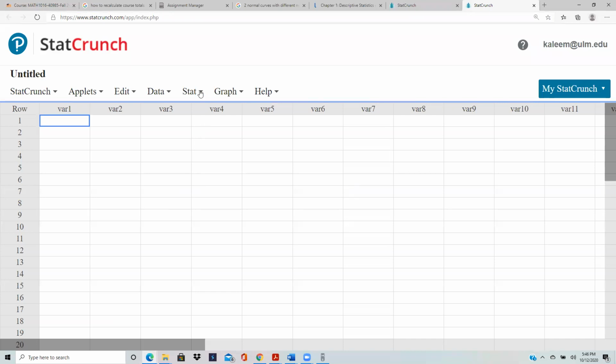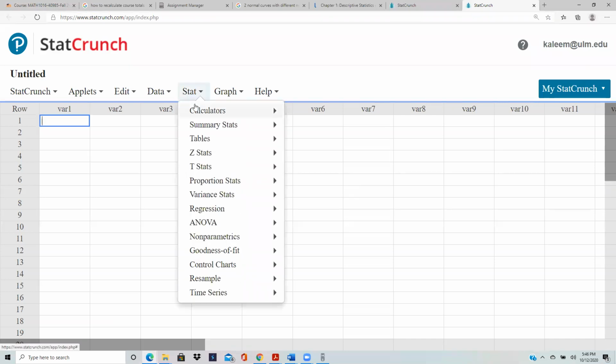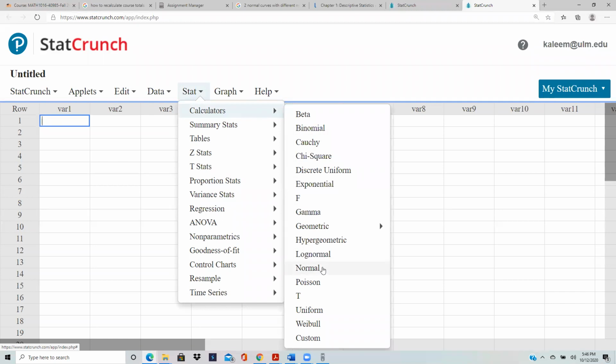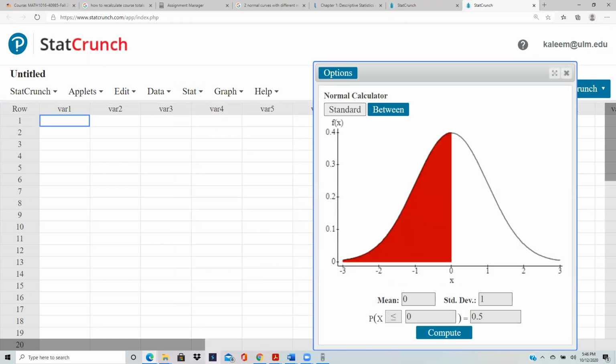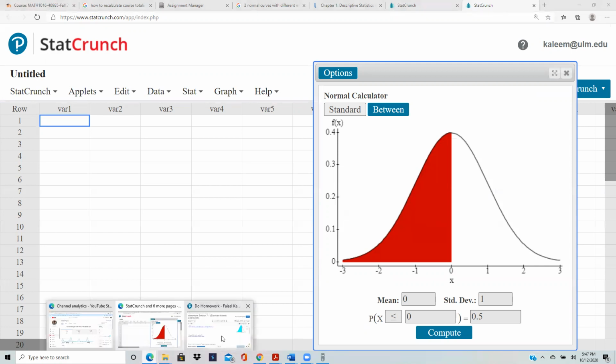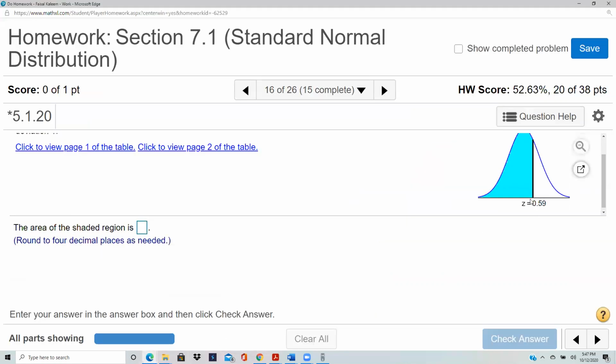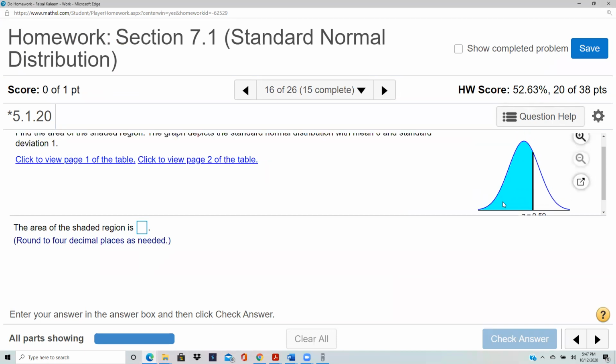So when you are dealing with a normal curve, you would do Stats, Calculator, Normal. And if you remember, they were asking us area to the left of z equals 0.59. See, this is area on the left.